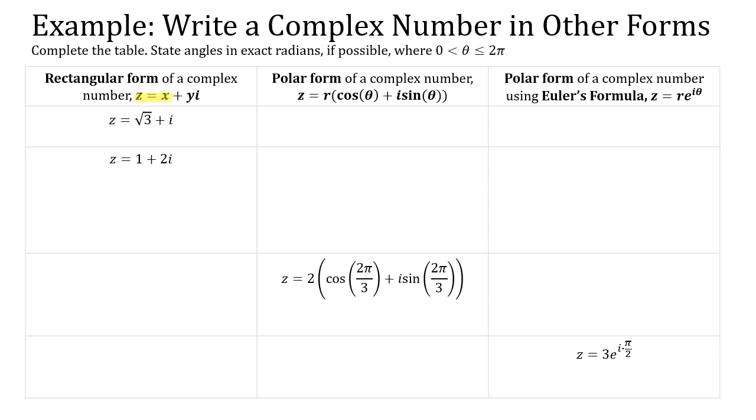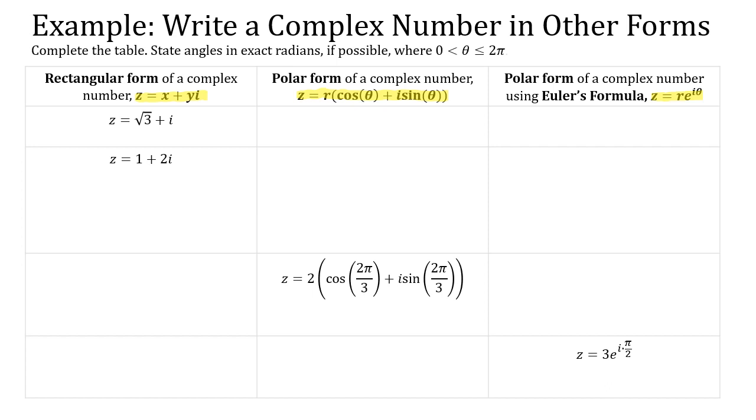We know that formula well. And the polar form in the second column of a complex number is z equals r times the quantity, cosine of theta, plus i times the sine of theta. And then finally in the third column, we also have the polar form, but now we're using Euler's formula and rewriting this as z equals r times e raised to the i times theta. So in those columns, everything that is below will be in that form. And our job is to fill in the blanks.